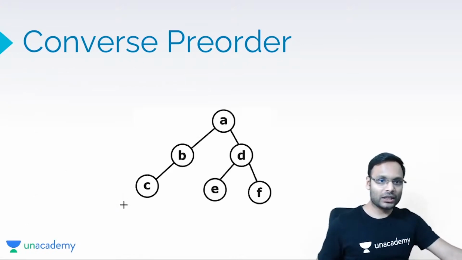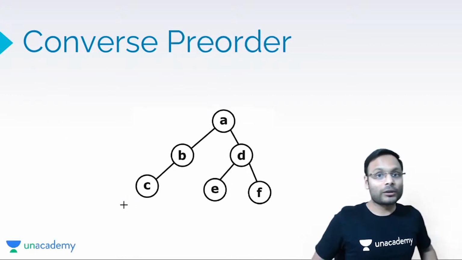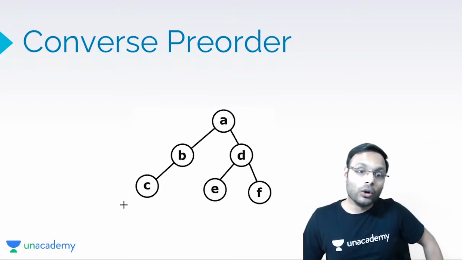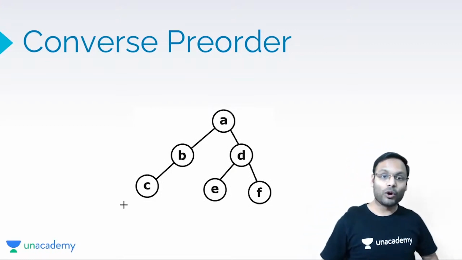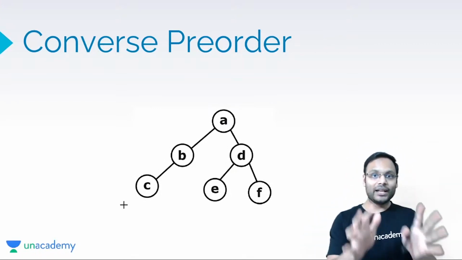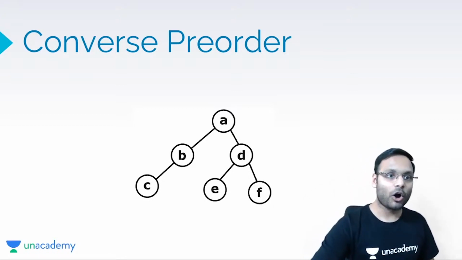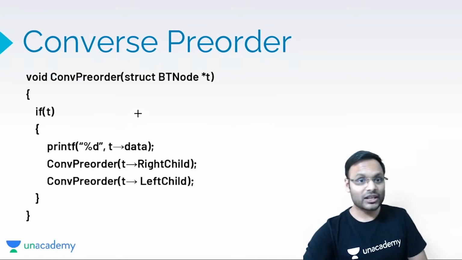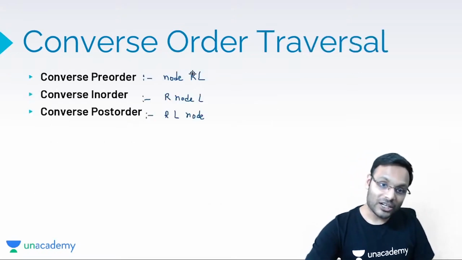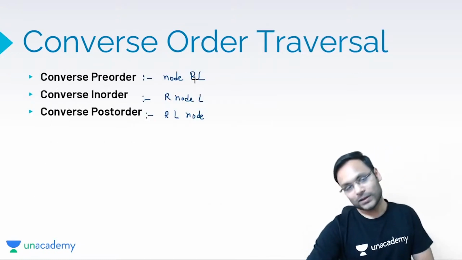Okay, let's take the converse pre-order traversal of this, but we can go with the dot method here also. If you remember the dot method, for pre-order, for every node, put the dot first. But the traversal direction has changed here. It starts from right and goes towards left.